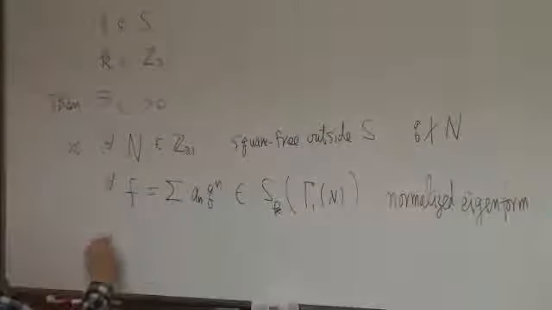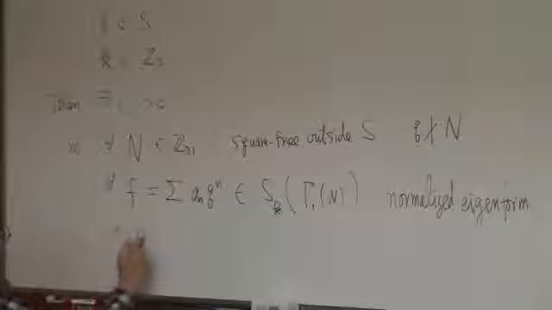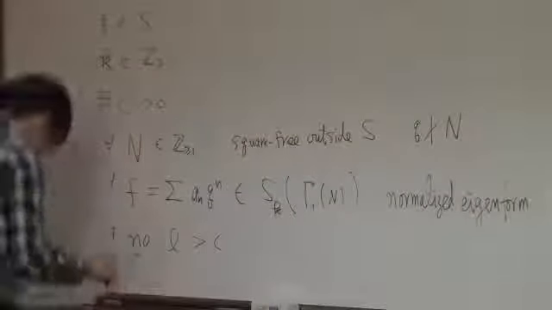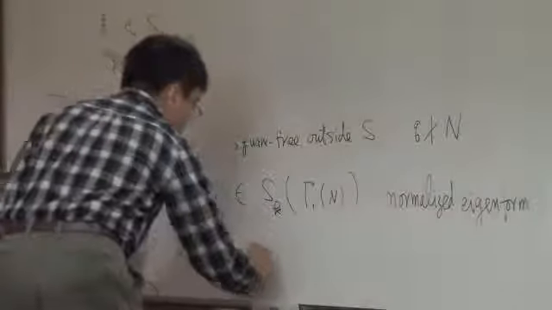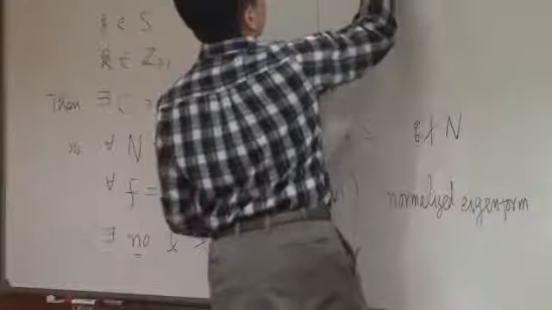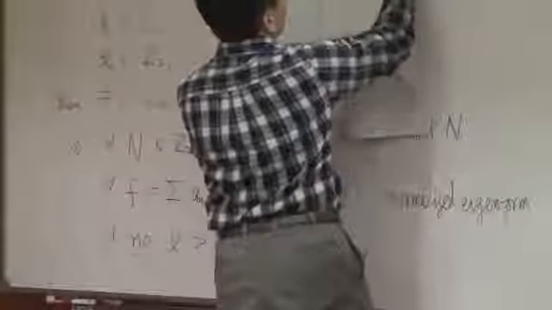there exists no prime l greater than C such that a_p is congruent to an Eisenstein-like value.